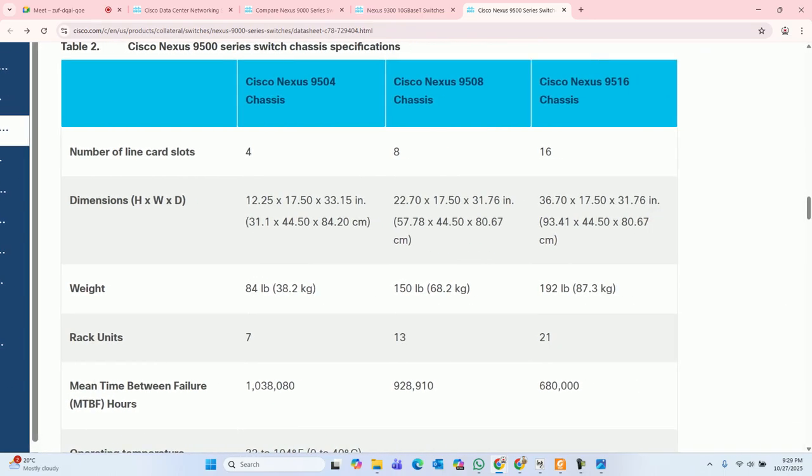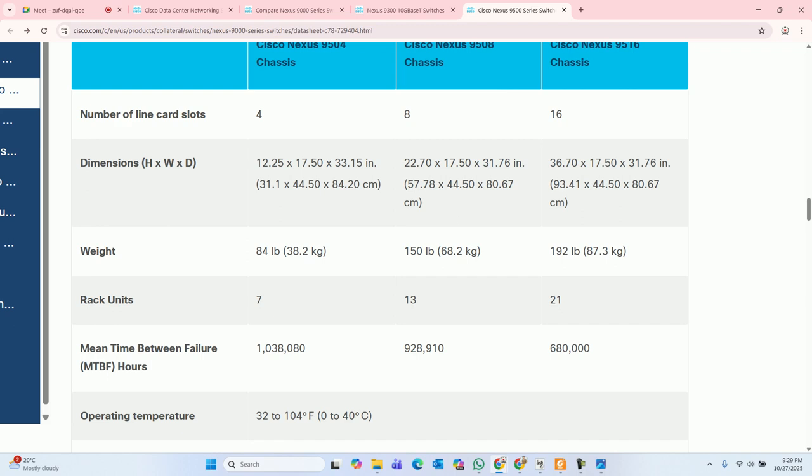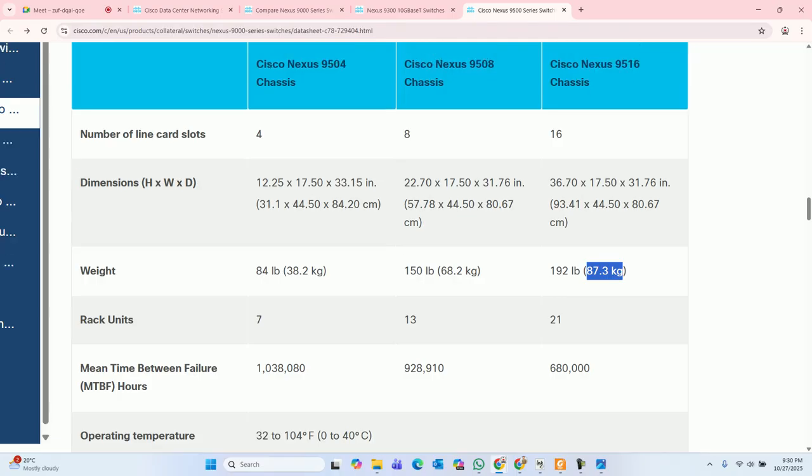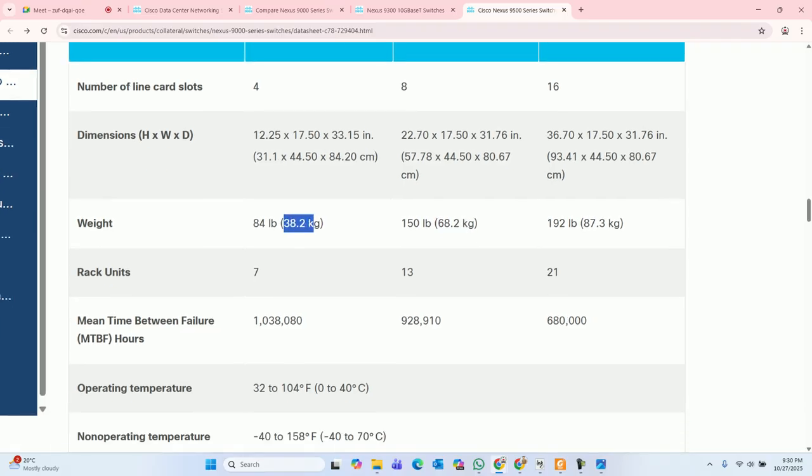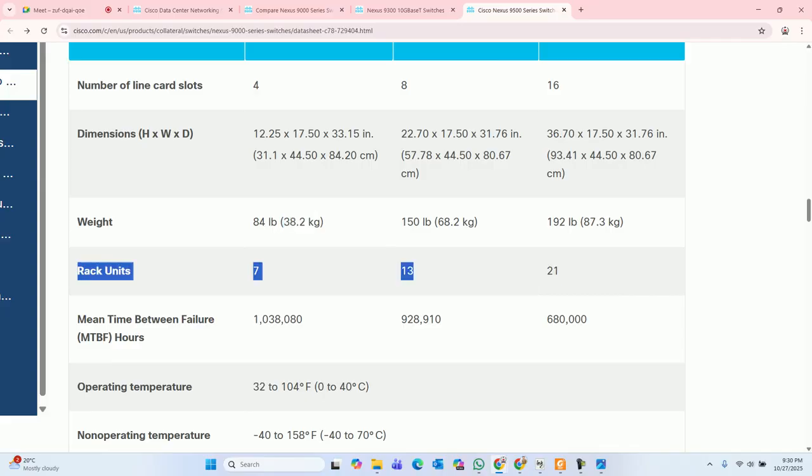Then if we look at this 9516, the weight of this switch is 87 kg. For the 9508, the weight is 68 kg, and for this one, the total weight is 38 kg. This much space they are going to take in the rack: 21 rack units, 13 rack units, 7 rack units.